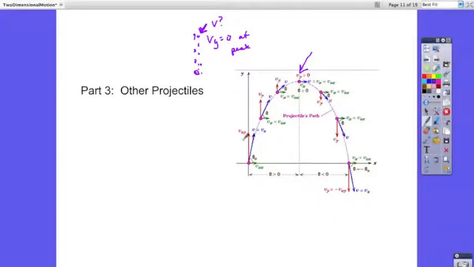Also notice the original velocity, V0, well, not the red one, the blue one, the actual velocity. The velocity at the beginning is the same as the velocity at the end. V equals V0. Now the direction is different.